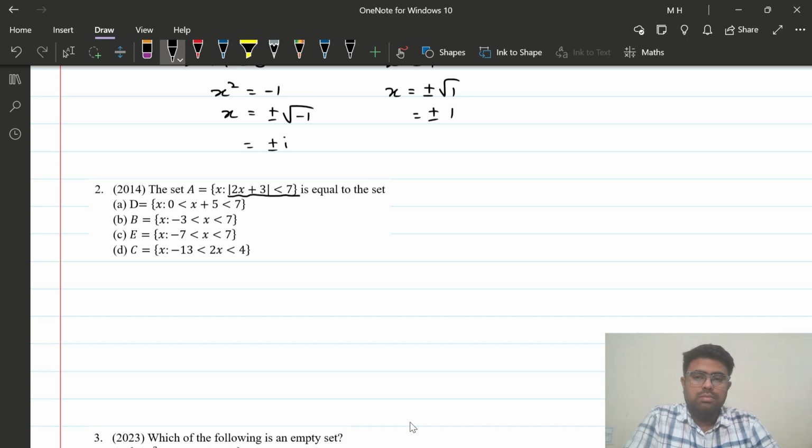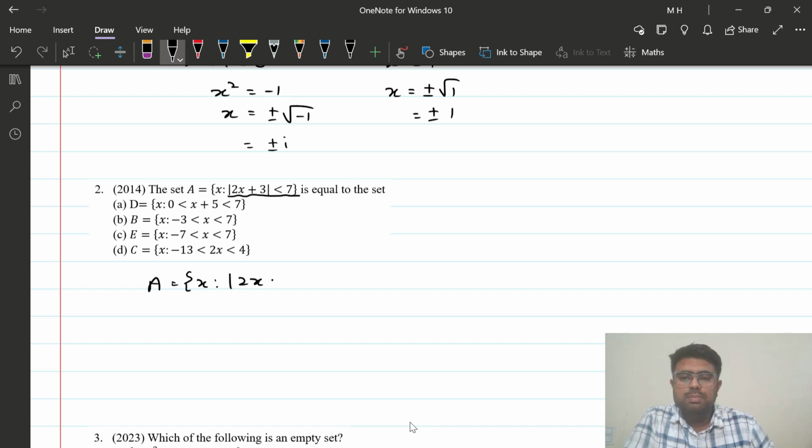So you have done those in theory, but we have not yet revised those concepts in this particular crash course. But still, assuming that you know the least possible basics, I shall take up this problem. So it says A equal to the set of all x such that mod of 2x plus 3 is less than 7, right? So I have to write down all those x which will satisfy this inequality.